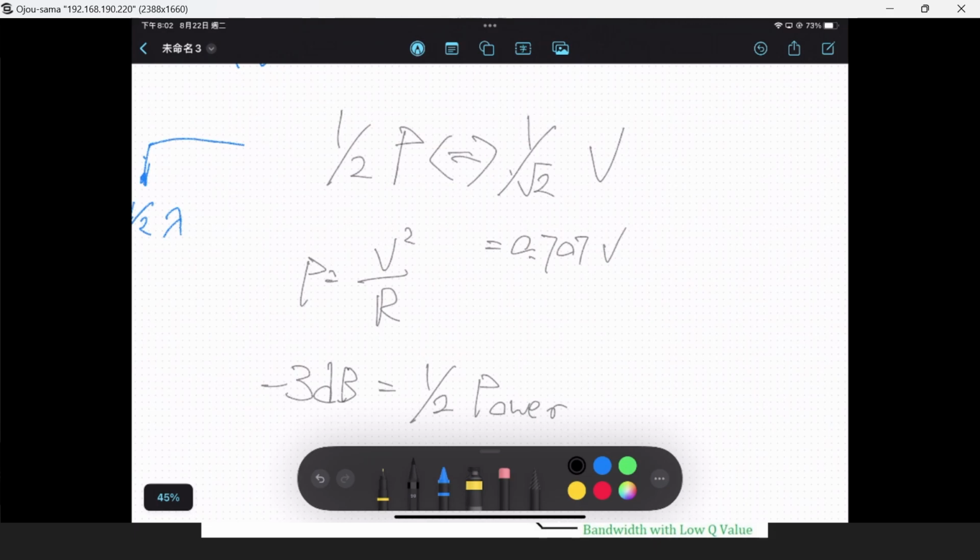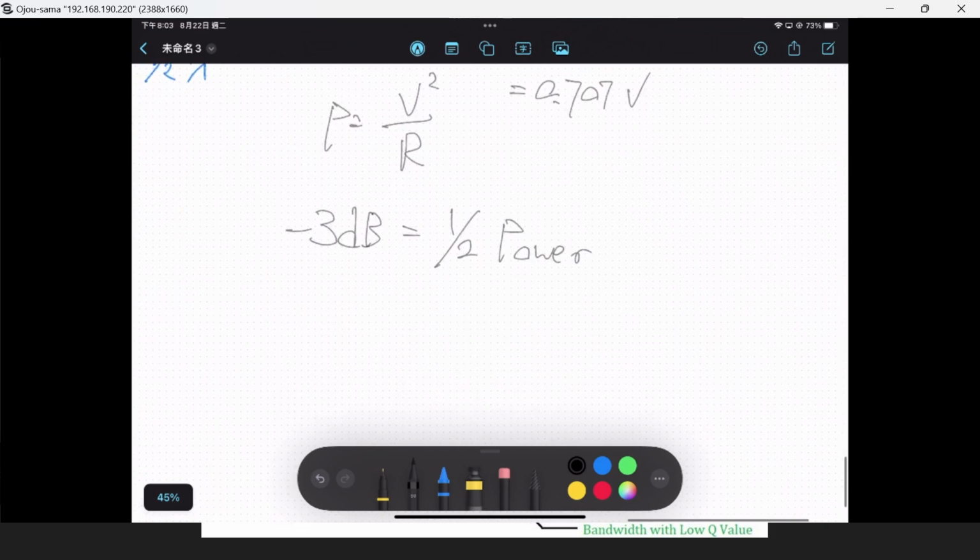Or you can do the math on your own. For voltage it is 20 log, and if you really want to know the dBV, it is 20 log of V out over V in.